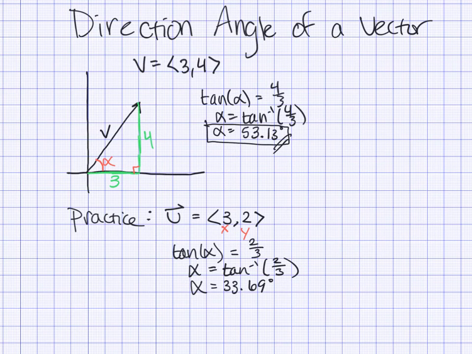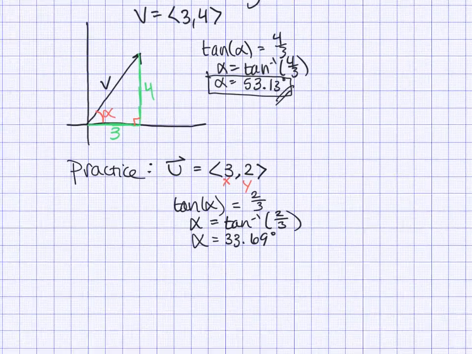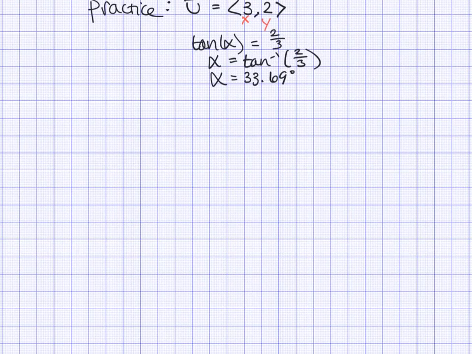Both the examples I've given you at this point deal with the first quadrant. But what if it doesn't? So I'm going to move this up, show you one more example, and we'll be done. Let's say that vector v is -5, 4.